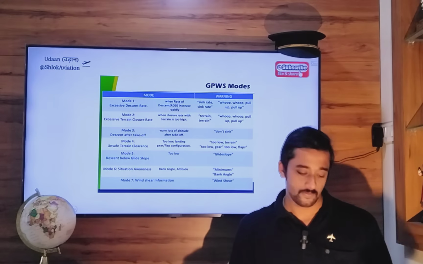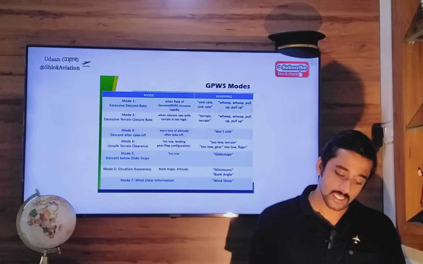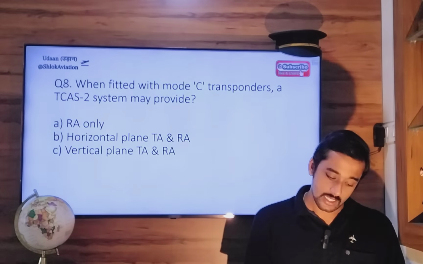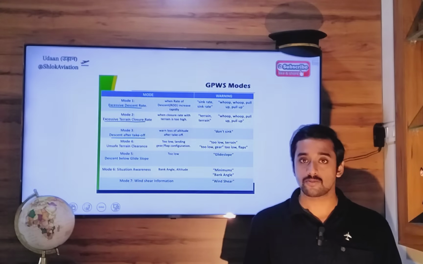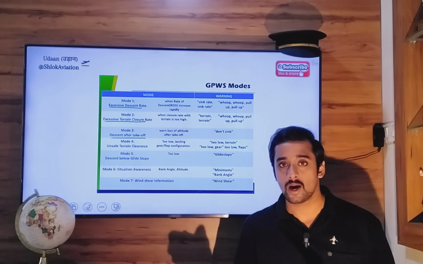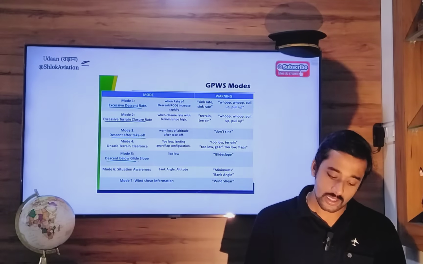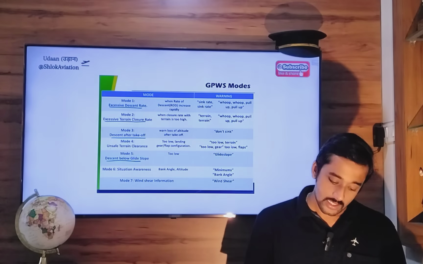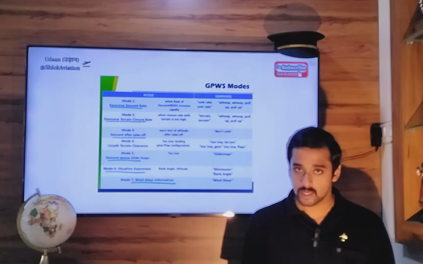So do watch them. Now, there are 7 modes of GPWS: excessive descent rate, excessive terrain closure rate, descent after takeoff, unsafe terrain clearance because landing gear is not lowered or flaps are not extended, descent below glide slope by more than 1.5 dots, and situational awareness like bank angle and wind shear information.